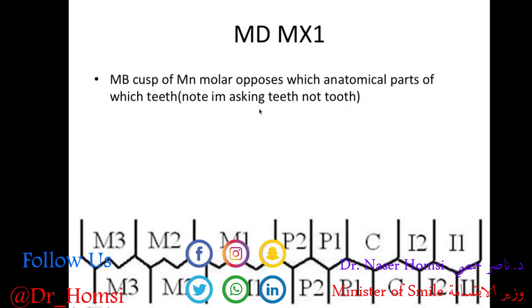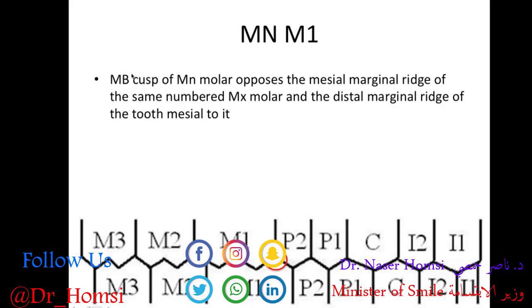So note I'm asking about teeth, not just a tooth, of which tooth. So the mesiobuccal cusp of the mandibular molar opposes the marginal ridge of the same numbered maxillary molar, so the first molar, and the distal marginal ridge of the tooth mesial to it.